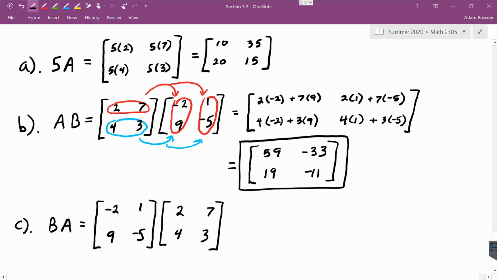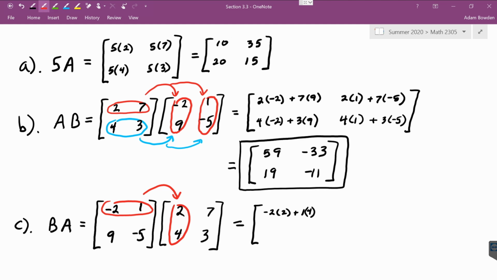Now next thing we're going to do the other way around, we're going to do B times A and see if that turns into anything different. So if you'd like to try this on your own, you might want to pause the video and follow along with my first example. We'll take this first row, multiply it times the first column, add the numbers together. So the first one would go negative 2 times 2 plus 1 times 4. We multiply the second column over.